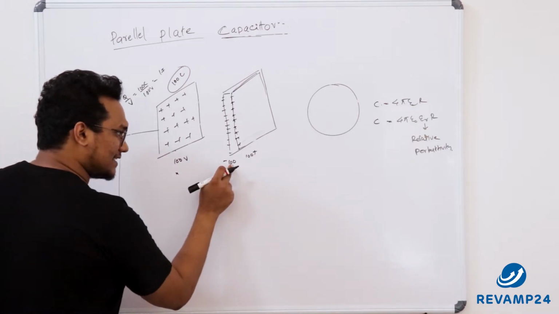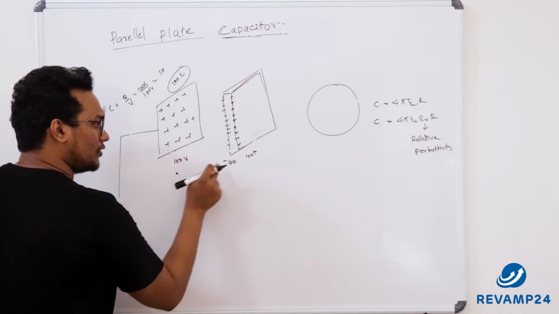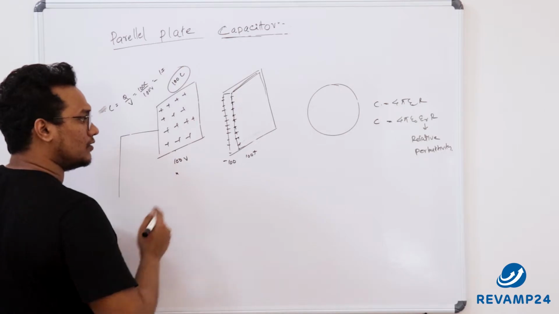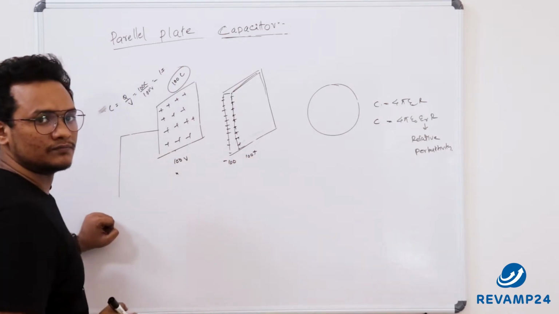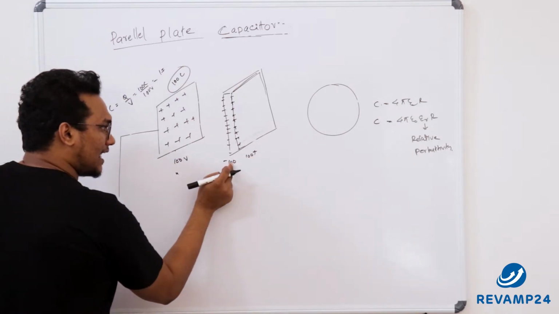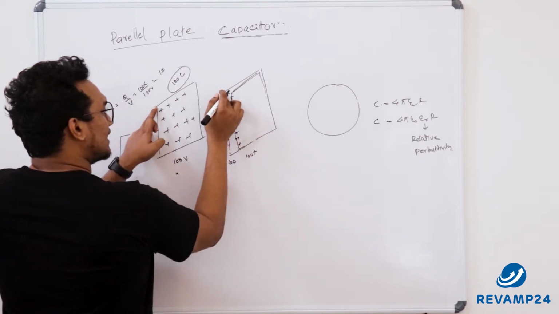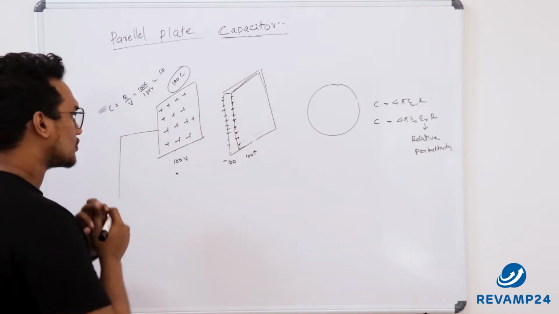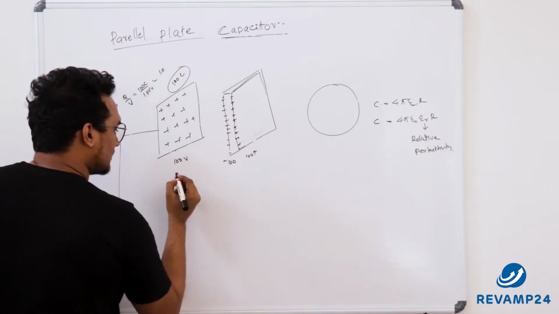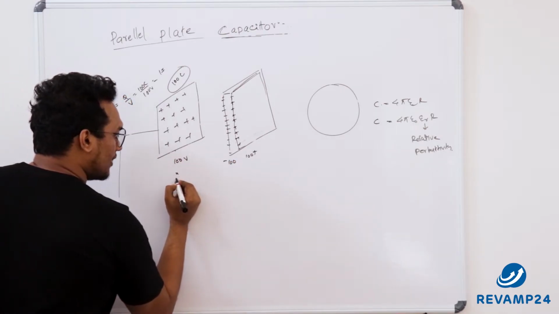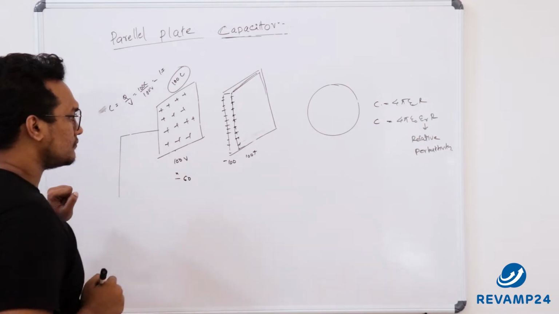Now, when this is a negative charge, the potential due to a negative charge will be a negative value. This will be a positive value. Now, the negative charge is very close to the positive charge. See, the distance is less and the distance is more. So, let's say the negative charge is giving a potential of -60 here.